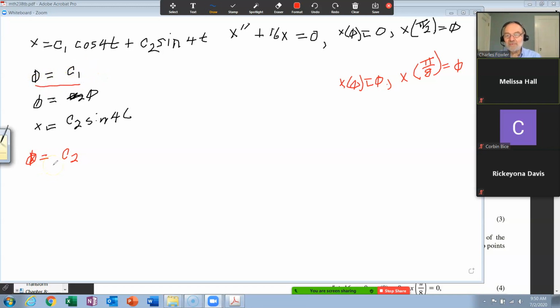And C2 is equal to 0, so X equals 0 is your only solution, okay? And that's pretty obvious: x equals 0, x prime is 0, x double prime is 0, so your trivial solution is a solution, and it's the only solution, okay? So that gives you a unique solution. So I said it wrong. It is a unique solution, okay?